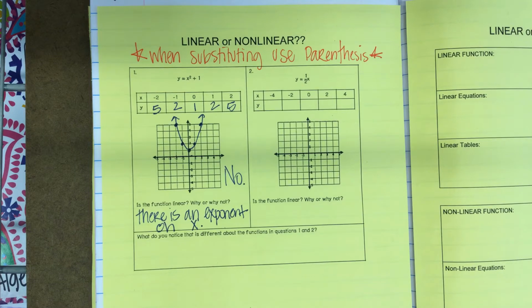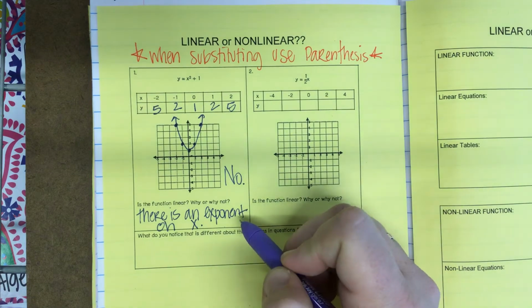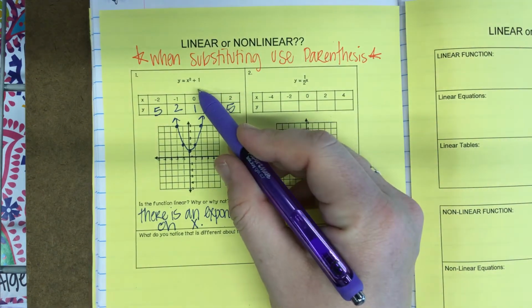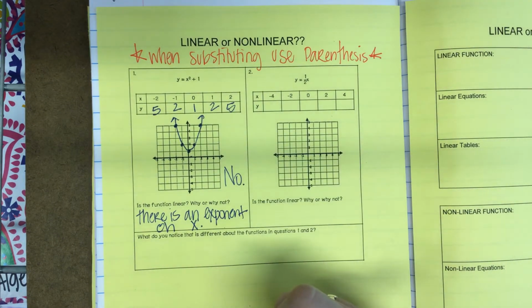That equation, y equals x squared plus 1, is, yes, a function. Because our rules were it needs to have an x and a y, which it does. And if there's a variable, it can only be on the x, which it is. This is a function. It's just a non-linear function because there's an exponent, not linear.